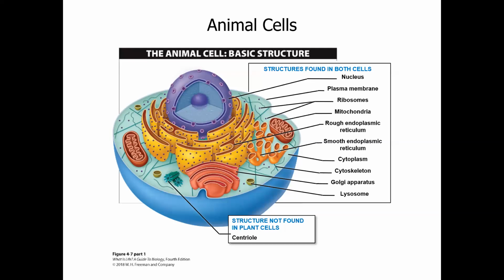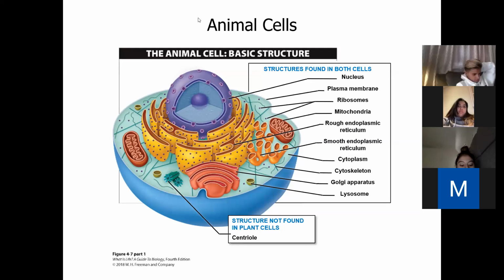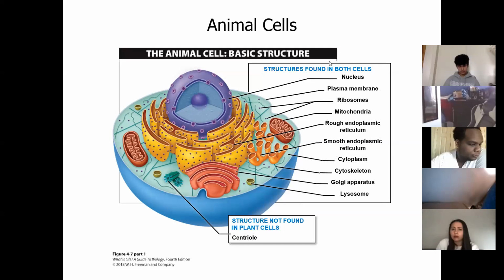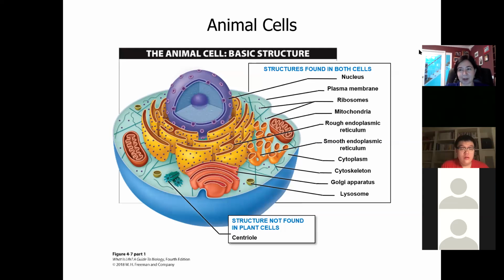So this is an animal cell. I'm gonna give you an overview, and then we'll talk part after part, right? Animal cells and plant cells share a lot of structures together, but still there are some differences.